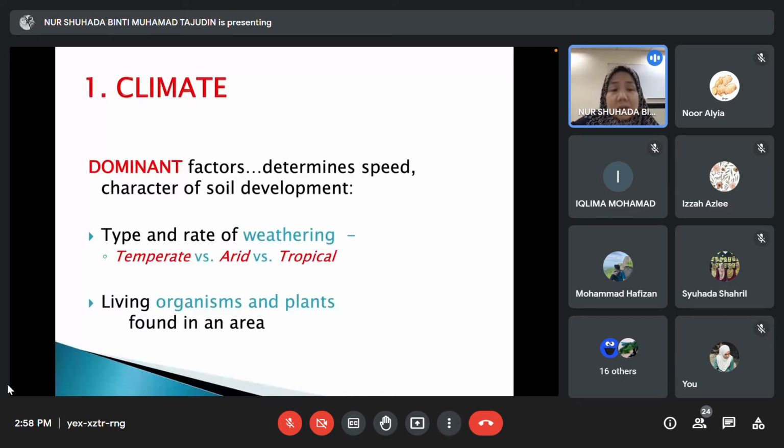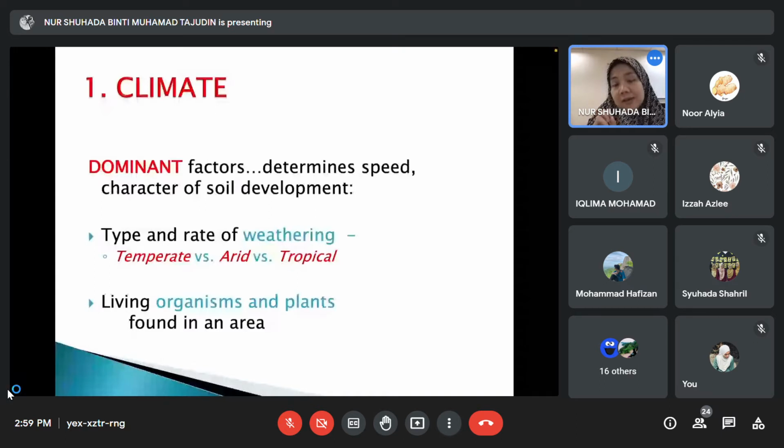Arid is somewhere like Arab. Sorry, temperate is four season countries. So different climates determine the speed and character of soil development.